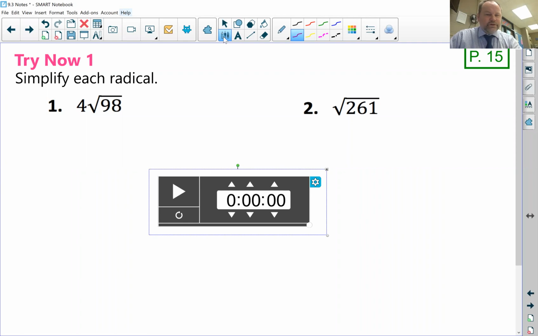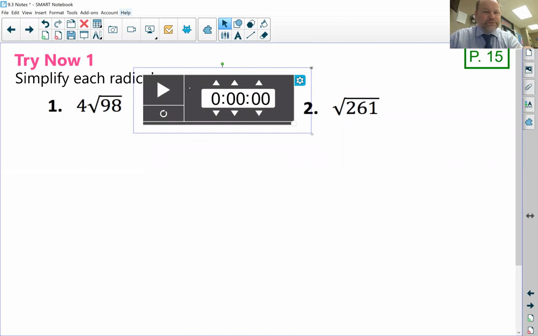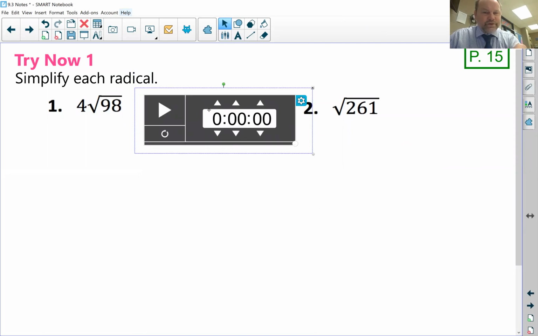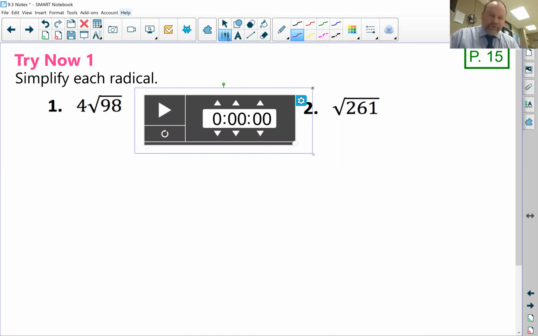All right, if we take a look at these two examples, I'll do the first one with the box method. I'll do the second one with the perfect square method.